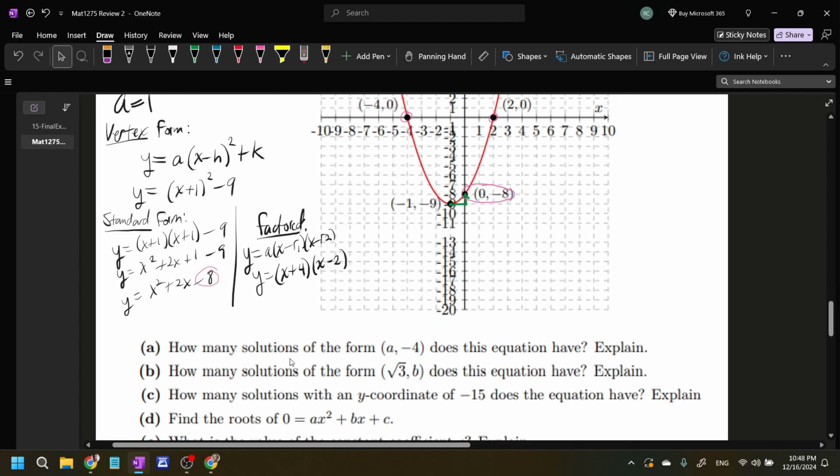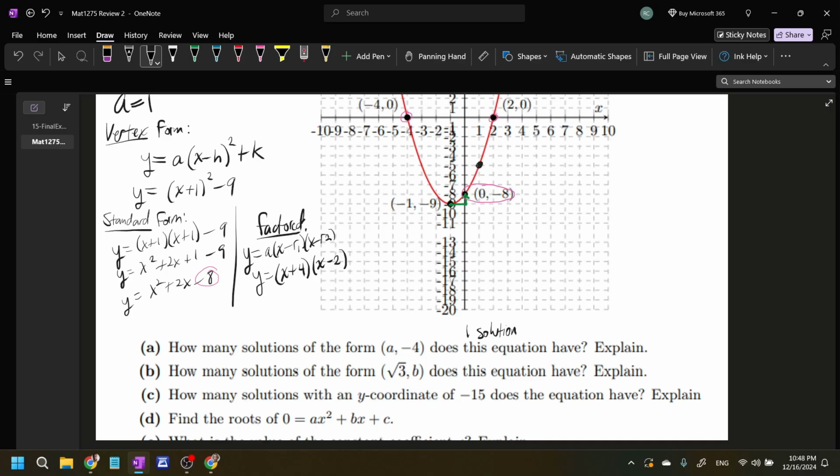How many solutions of the form a, -4 does this equation have? So what they're saying is if a is 1, y is -4. This only has one solution. Explain?